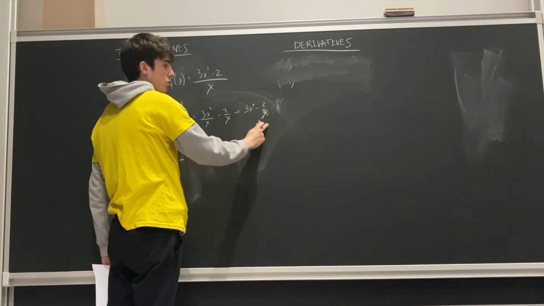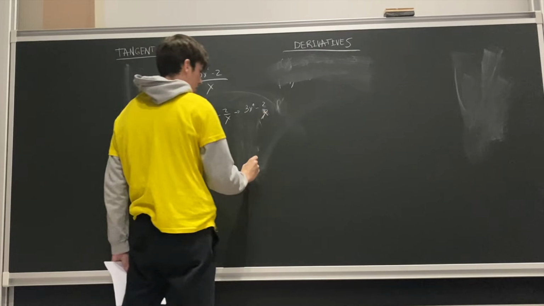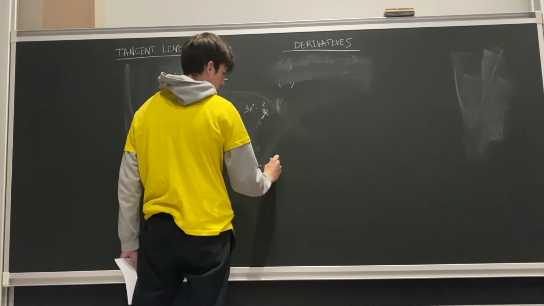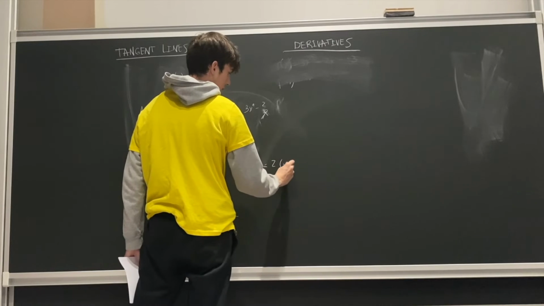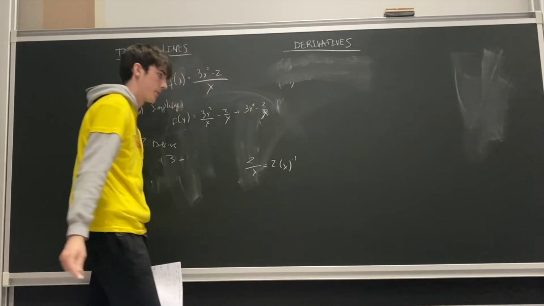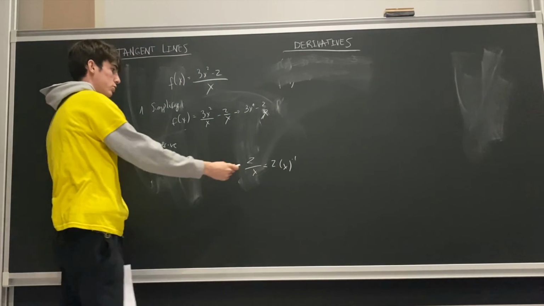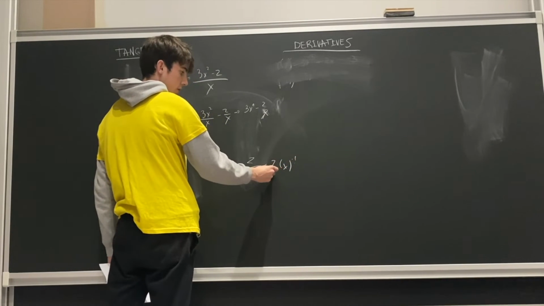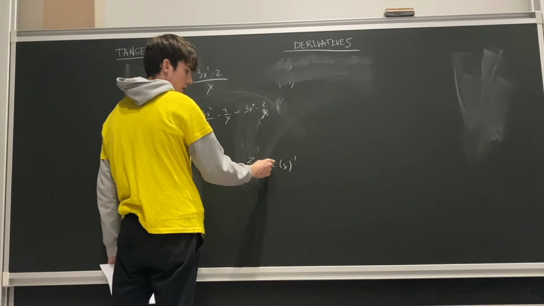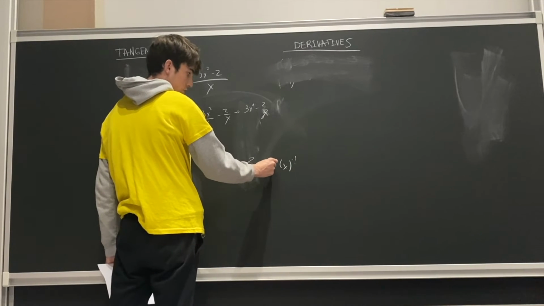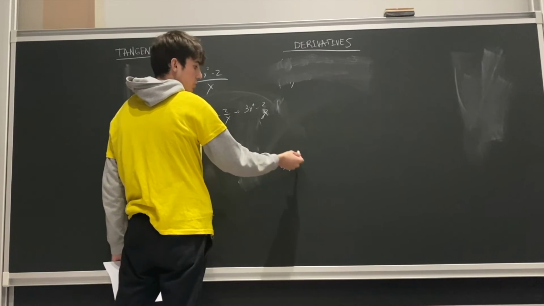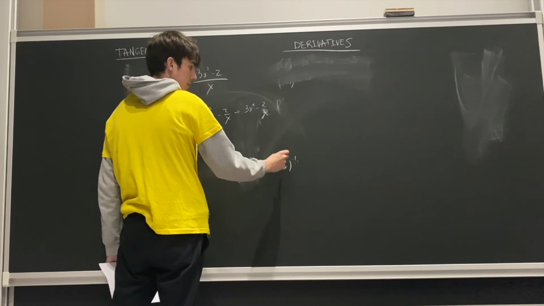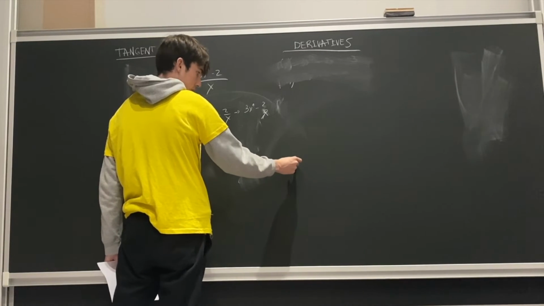Now this term we have to note in a different form. 2 divided by x is the same as 2 times x to the minus 1 power. So in this case, we're going to do it the same way. We get the minus 1 down, so minus 1 times 2 times x, and then we subtract 1 again. Therefore it will be minus 1 times 2 times x to the minus 2 power.